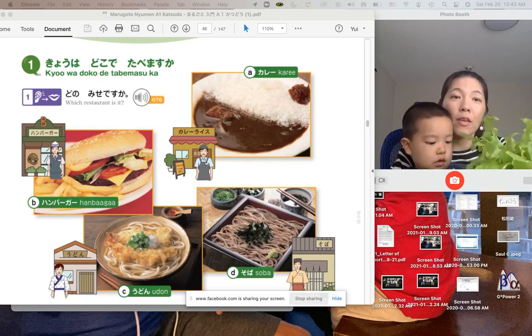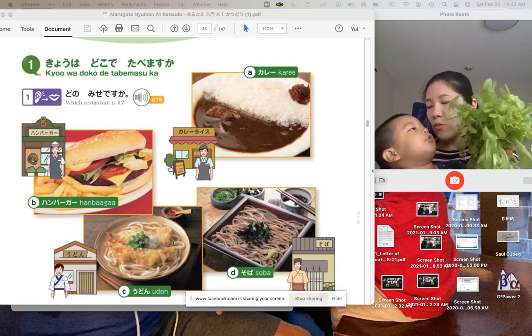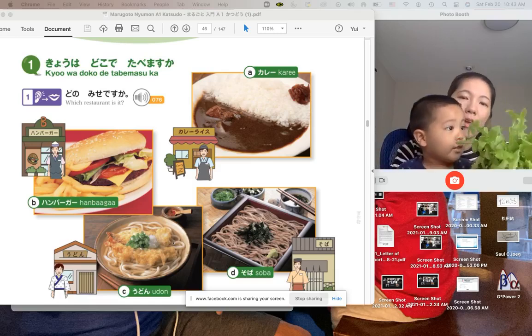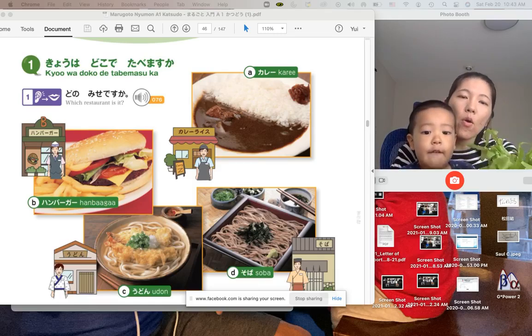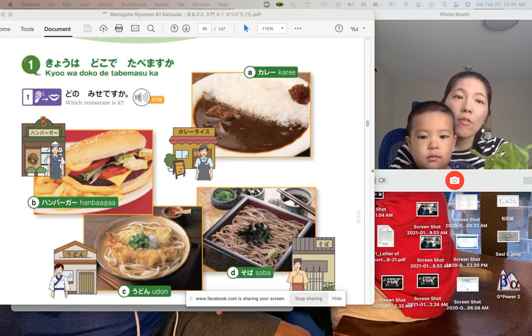You can actually make it here. It's made from flour, but we have to go through some process.